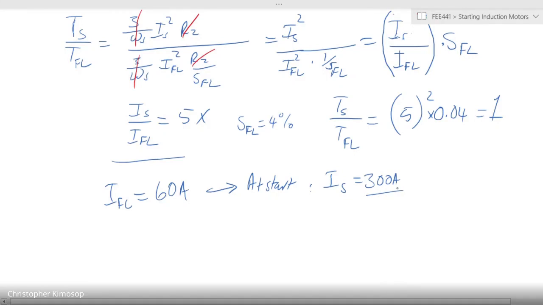This brings practical problems in the sense that if during operation, 99% of the time, you only require 60 amps, that means that the cables that you need to carry 60 amps are a certain size, yeah? Your core cables of the 3 phases, you need a certain size for 60 amps, okay?